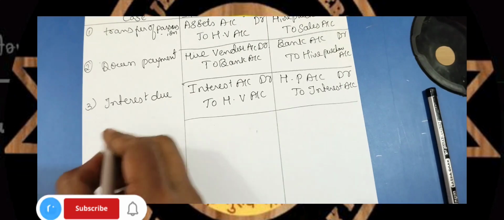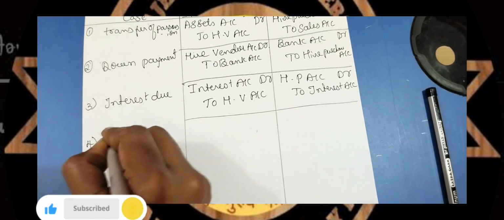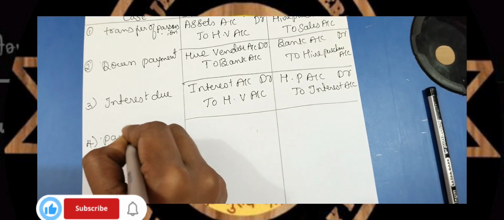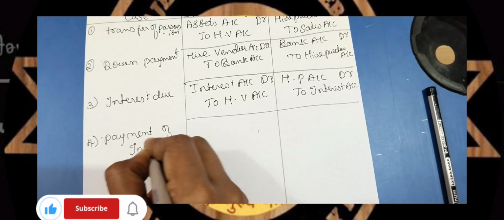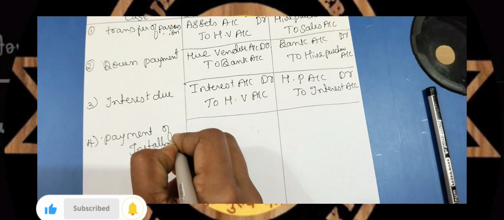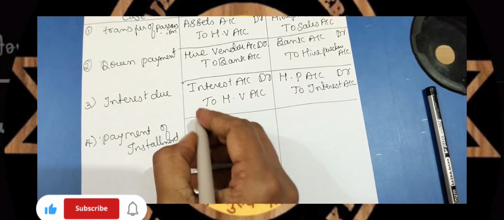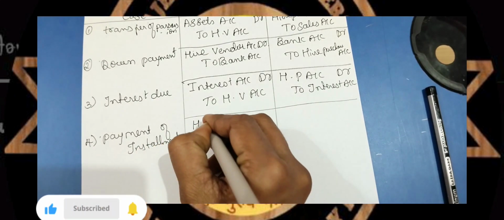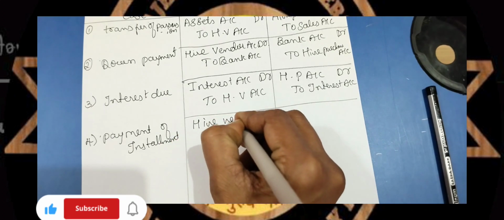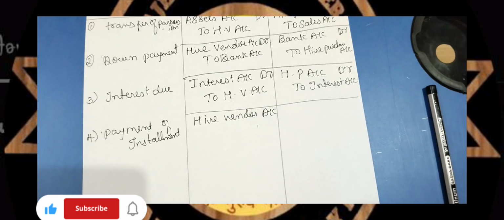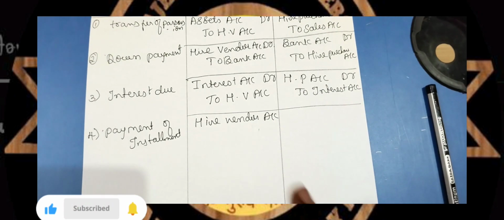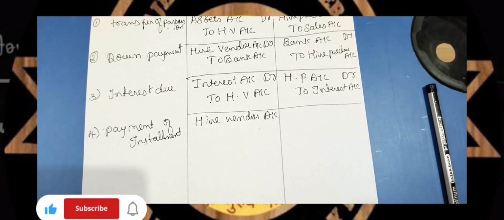Next entry is the payment entry. Payment of installment. So to whom are we paying the installment? The hire vendor we are paying, and the entry will repeat. How many years you are paying, that many years the entry will be the same, only the amount changes.